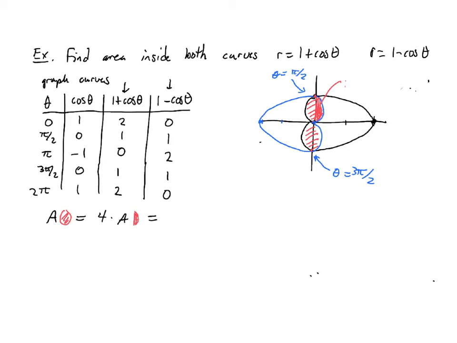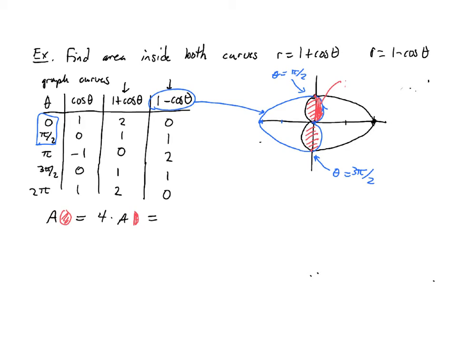And notice that that is determined by the blue curve. So the blue curve, you'll remember, is this one. And it's determined in the range of theta values from 0 to pi over 2.